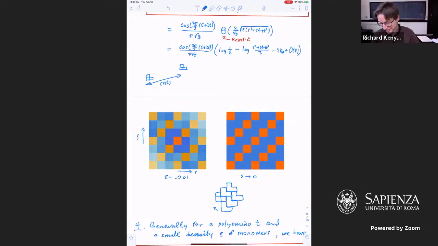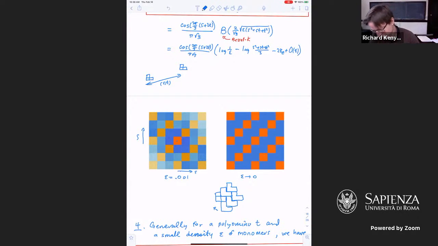If you put down a single tile, if you force a single tile, then all the tiles around it will try to line up in that same crystal structure. But if you put the tile at a slightly different location, you'll get a different limit. So there's 3 different limiting measures here.